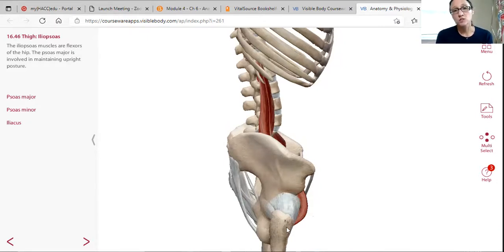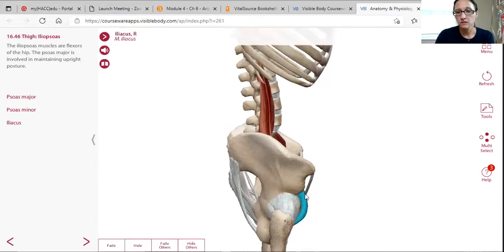If the insertion is fixed, then this is where we get the anterior tilt of the pelvis. And unfortunately, I can't show you that action right here, but you can see how this would pull the whole thing down towards the femur in that direction, pull the whole coxal bone down towards the femur. Okay.